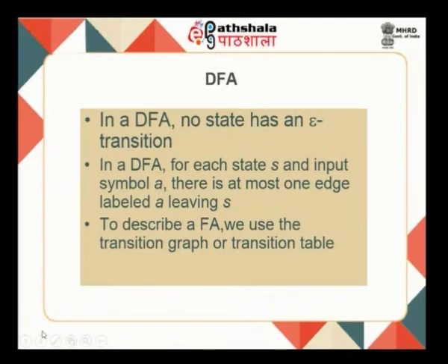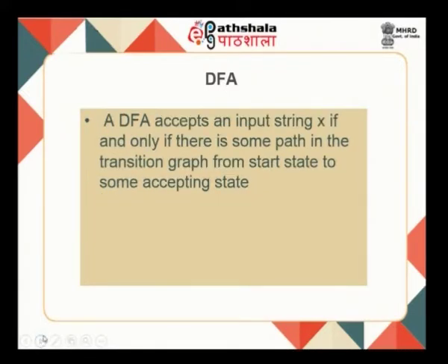And for each state S and input symbol A, there is at most one edge labeled A leaving S. To describe a finite automata, we use a transition graph or a transition table. Whatever we represented as delta could be represented either as an automata, which we saw as a graph, or as a simple table, which is a mapping from Q cross sigma to Q.